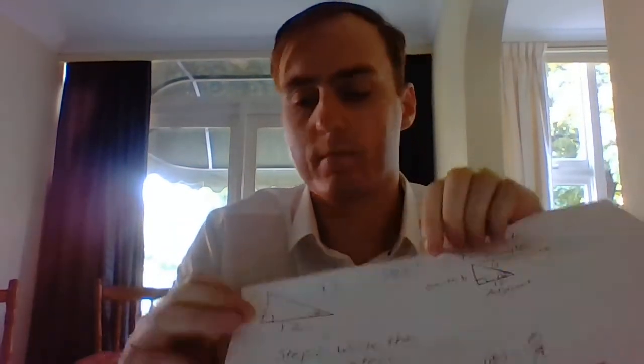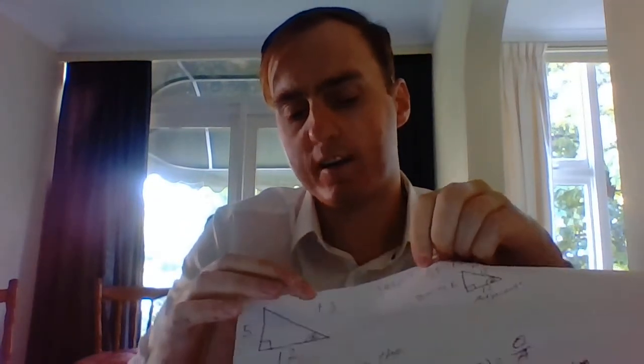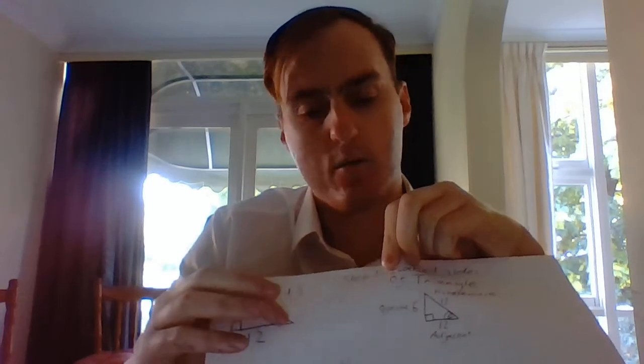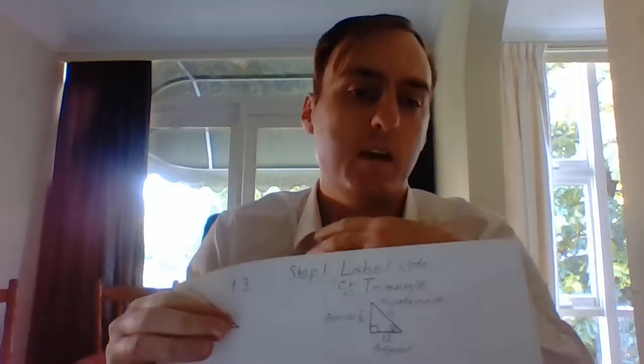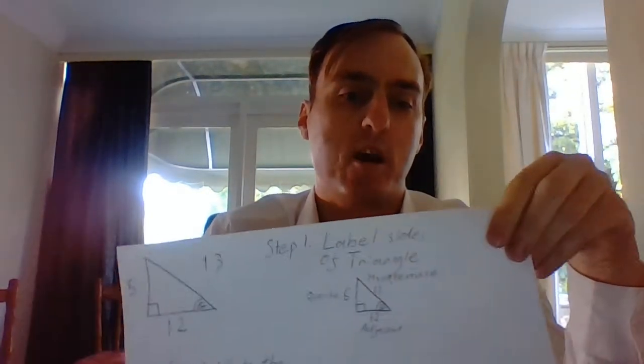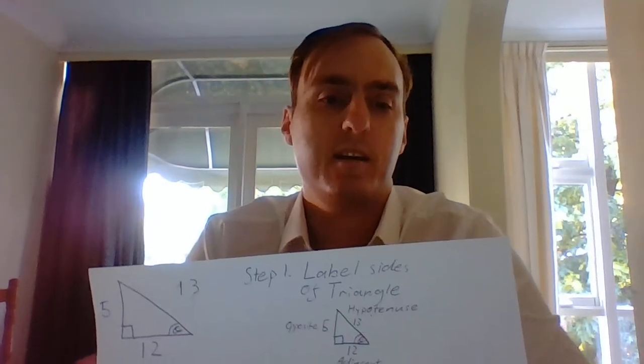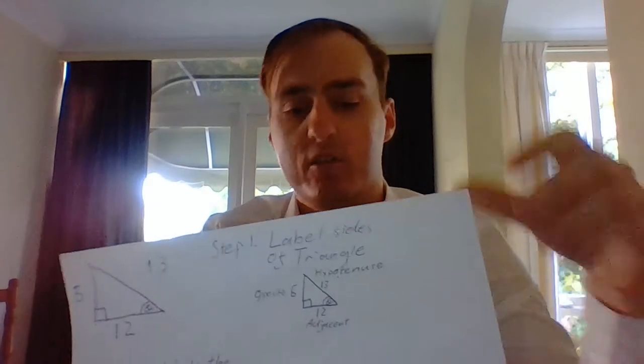But how do we use these mathematically? Now, let's say I take a right-angled triangle. We have three side lengths, 13, 12, and 5, and our reference angle marked. To work out the three ratios, we first need to know which sides are the opposite, the adjacent, and the hypotenuse.